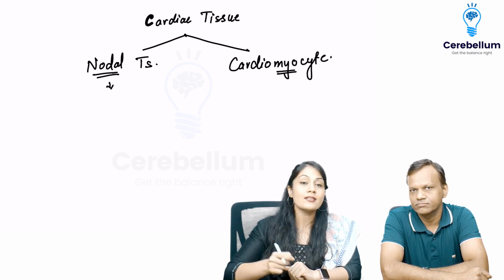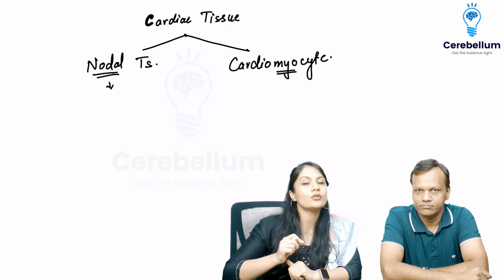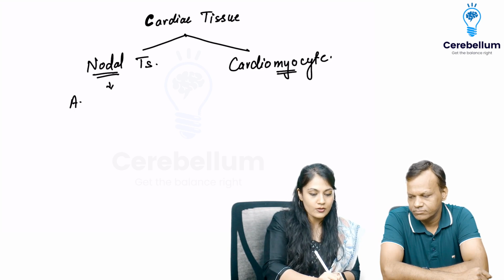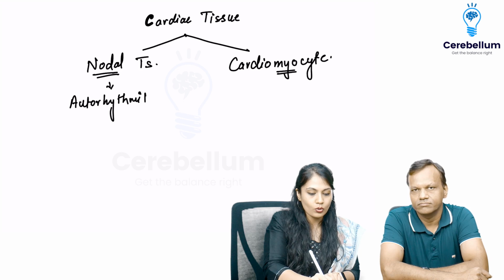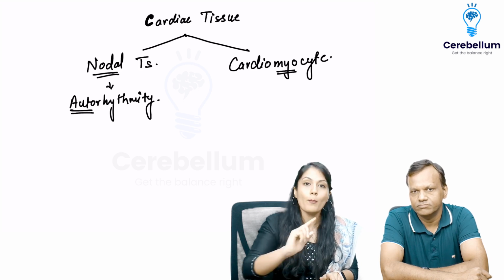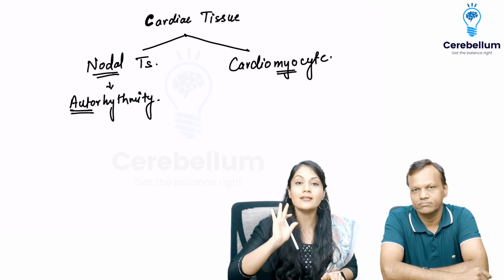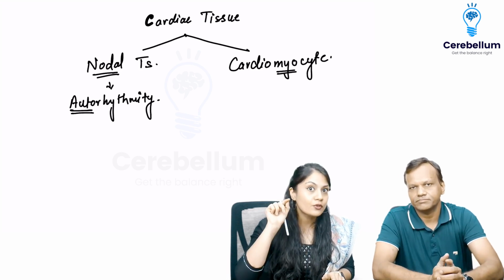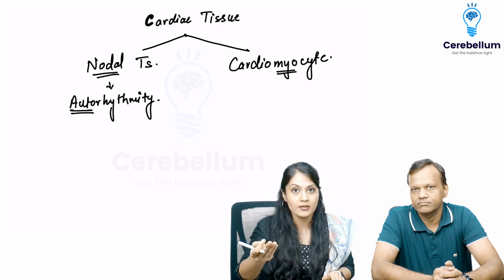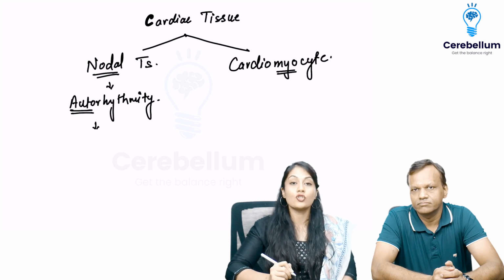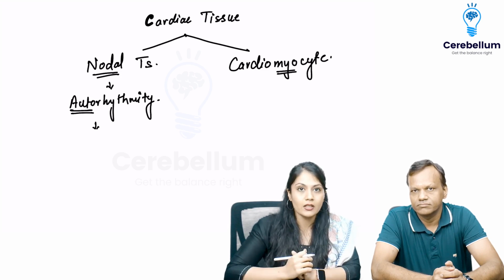Thanks to the nodal tissue and the pacemaker, which has the property known as autorhythmicity, it automatically produces its own action potential. It's not like skeletal muscle, wherein you have to give the order to the muscle. So let's talk about how autorhythmicity is generated in the pacemaker tissue.